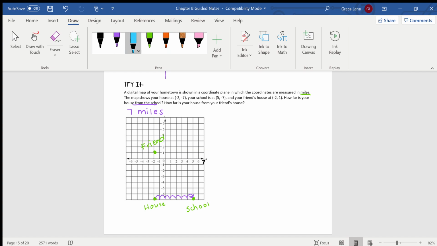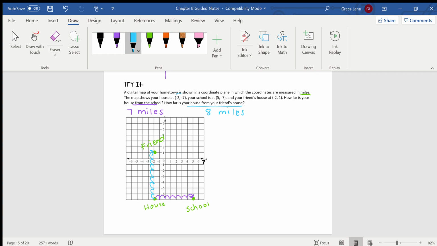And then the second question, your house to the friend's house. That was 8 miles. These are in different quadrants also, so you would be adding.